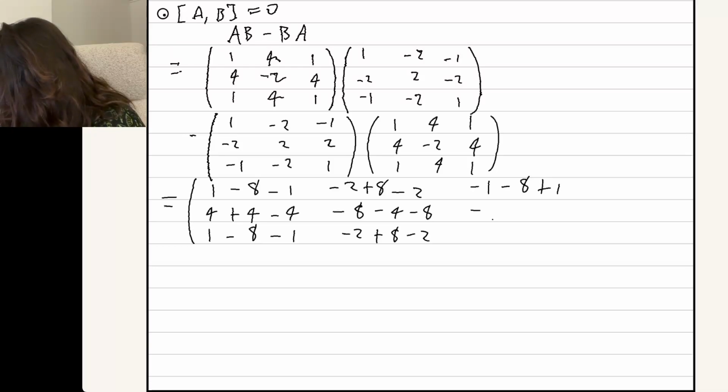It's minus 4 plus 4 plus 4, and then minus 1 minus 8 plus 1.